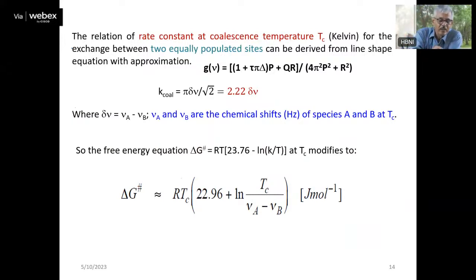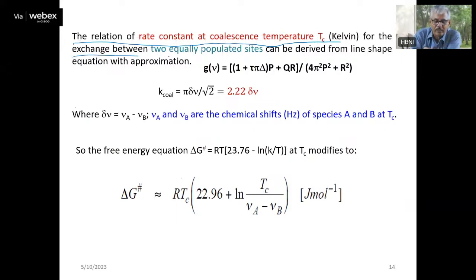Now let us see another relation, the rate constant at the coalescence temperature. The coalescence temperature is the temperature where both the peaks lose their identity, so they become very broad.